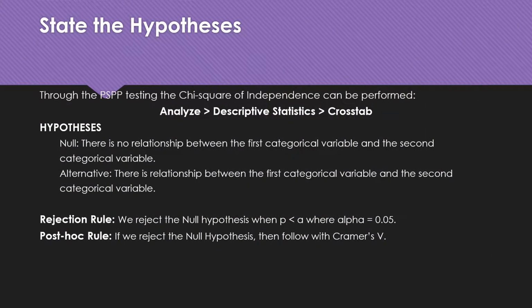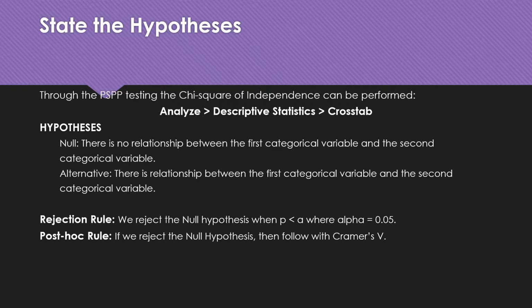Through PSPP, the chi-square test of independence can be performed as follows: analysis, descriptive statistics, and crosstabs. The hypotheses are stated like this. The null: there is no relationship between the first categorical variable and the second categorical variable. The alternative: there is a relationship between the first categorical variable and the second.